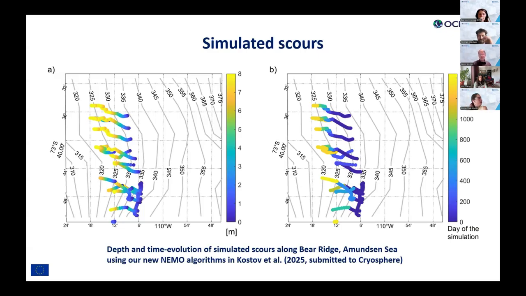And what you can't see in observations, but you can see in the model, is a temporal evolution of these scours, shown on the right-hand side. And that reveals that these scours are formed very intermittently over short episodes. So we have long episodes when the icebergs are static, and then short bursts when the icebergs are grounded, but in a kinetic regime.